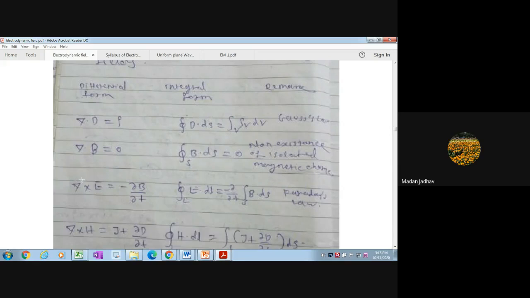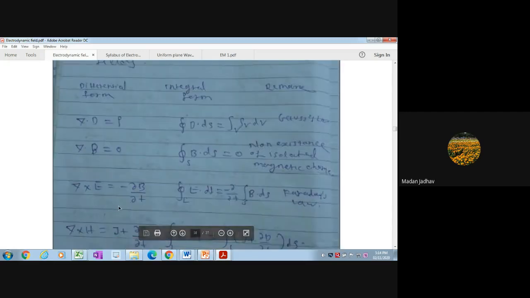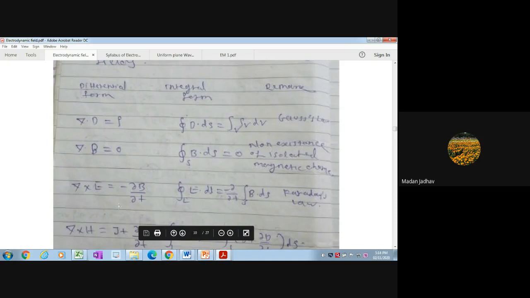The direction of that rotating vector is perpendicular to the orientation of that area. And it is equated to the rate of change of the magnetic flux density with respect to time.